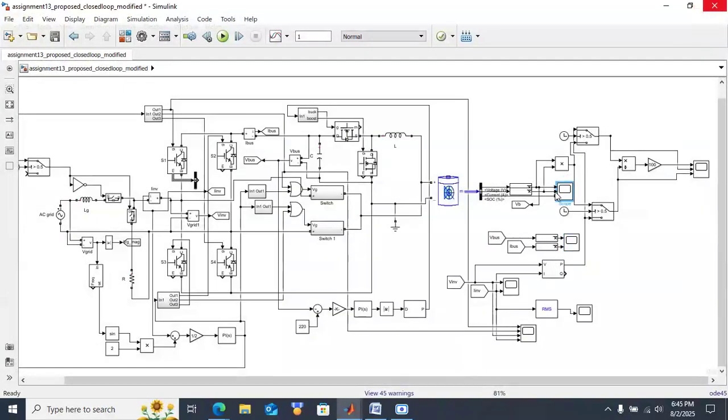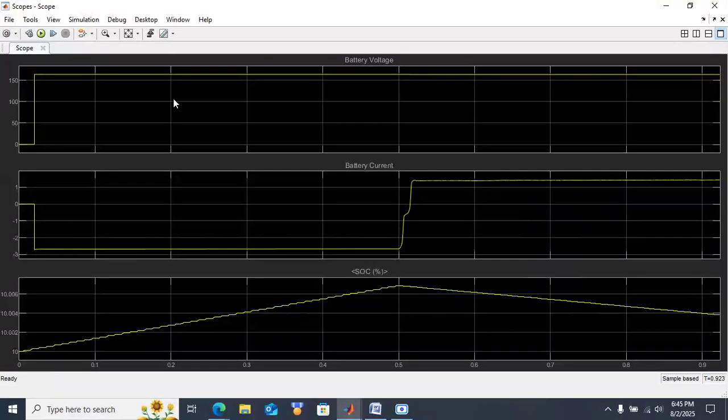And these are the battery voltage, battery current, and the state of charge. The voltage is around 160 volts, and initially the battery was charging. After 0.5 seconds the current direction is reversed, and we get nearly 1.2 or 1.1 amps. The third graph is the state of charge. 10% is the initial charge given to the battery.